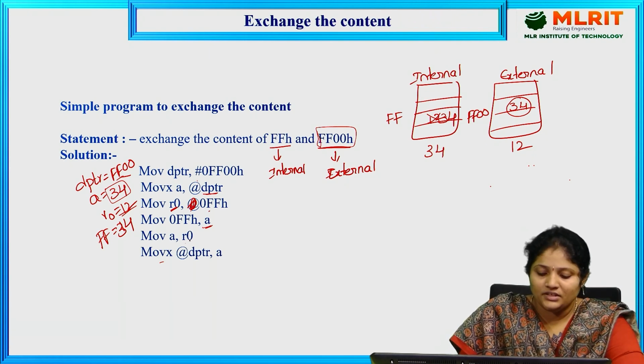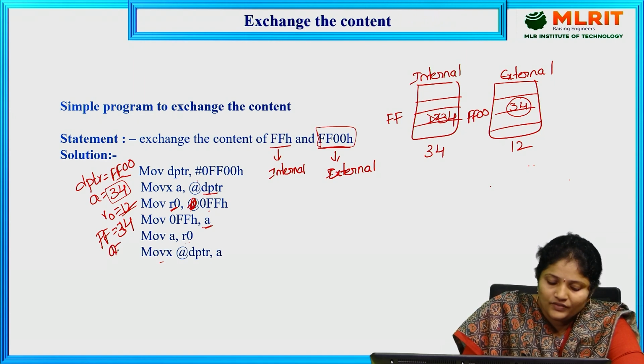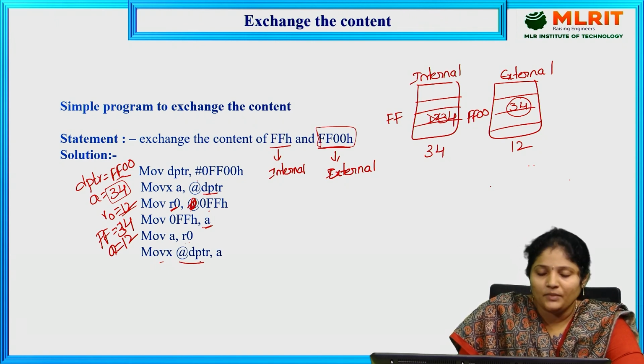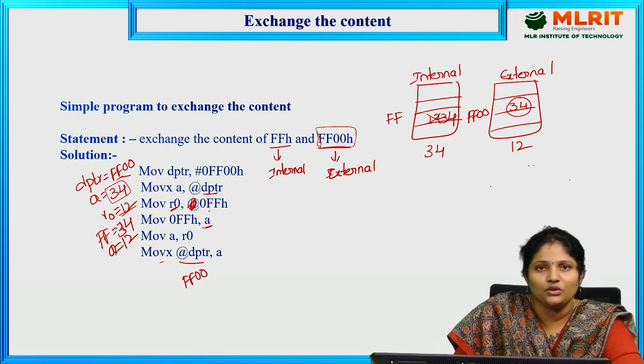So the data present in R0 needs to be copied to the accumulator. After execution of this instruction, the accumulator is loaded with 12. This 12 needs to be moved to the location FF00. That's why I am mentioning DPTR, because the DPTR has FF00. I need to place the content into the location FF00, which is why I am using the @ symbol.